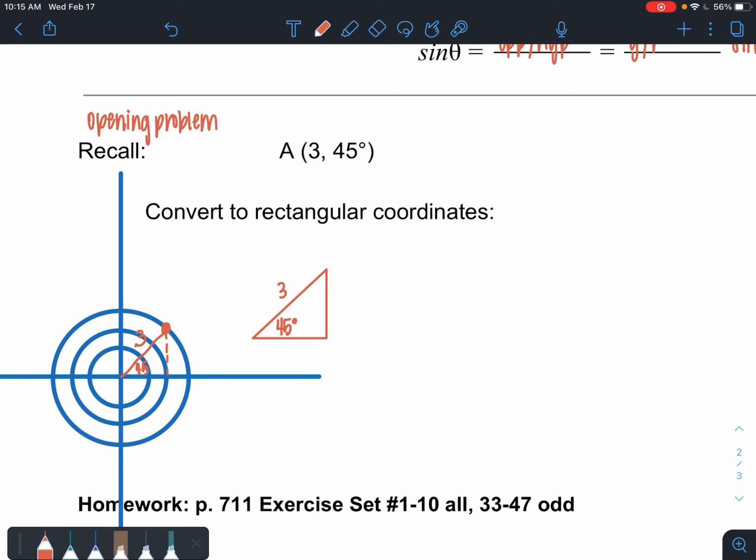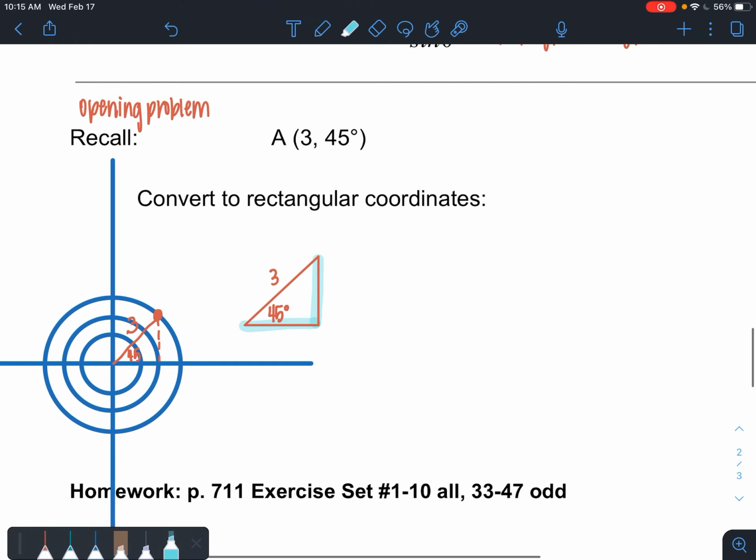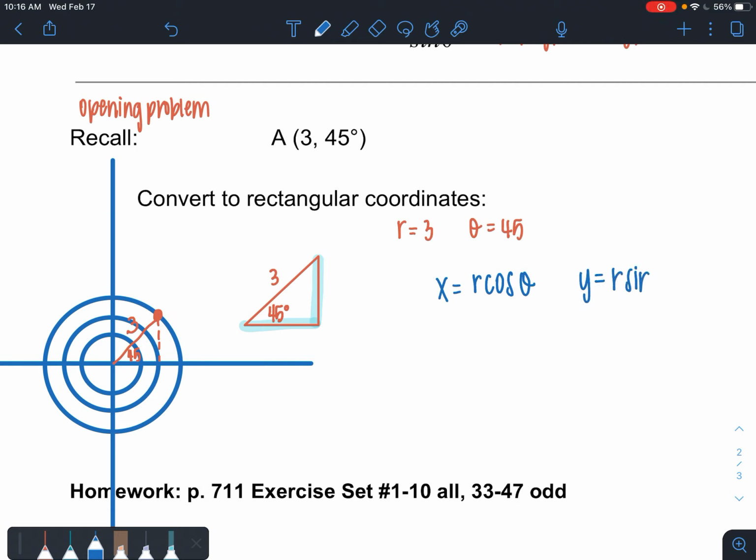We are trying to find x and y, so we just use our equations. Again, r is equal to 3 and theta is equal to 45. X is equal to r cosine theta, and y is equal to r sine theta.